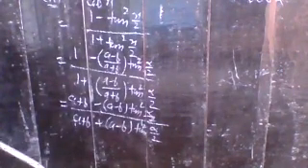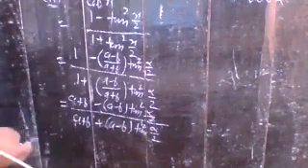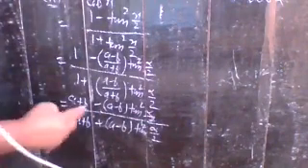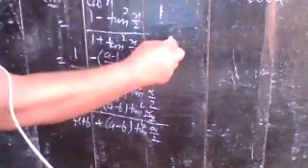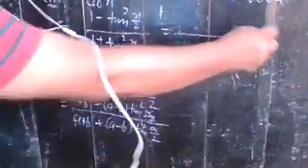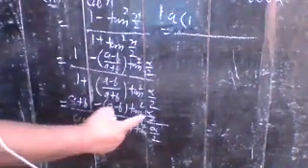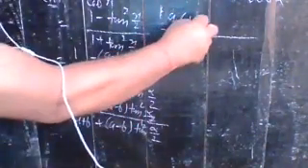Now taking a common. If you take a common, what do you have? Here you have 1, so write 1, and here you have minus tan square alpha by 2.